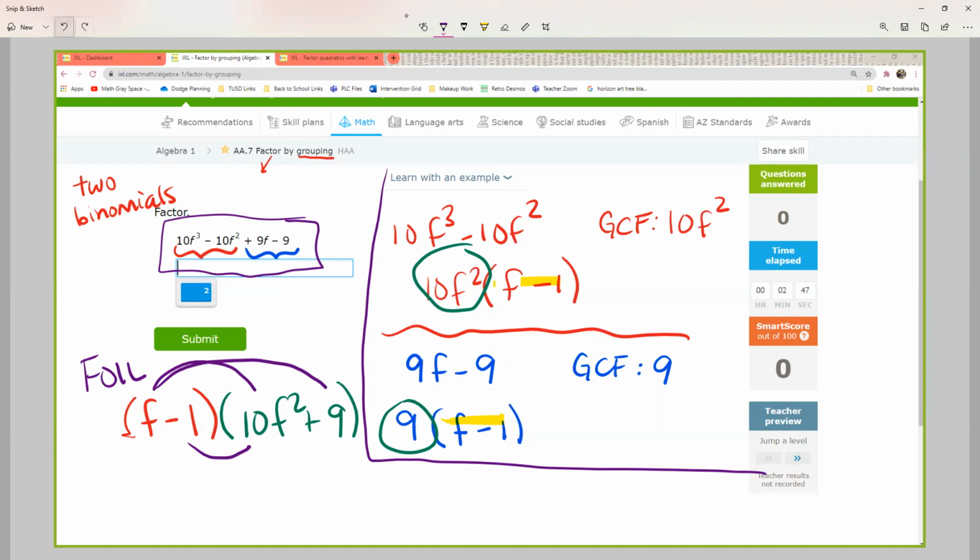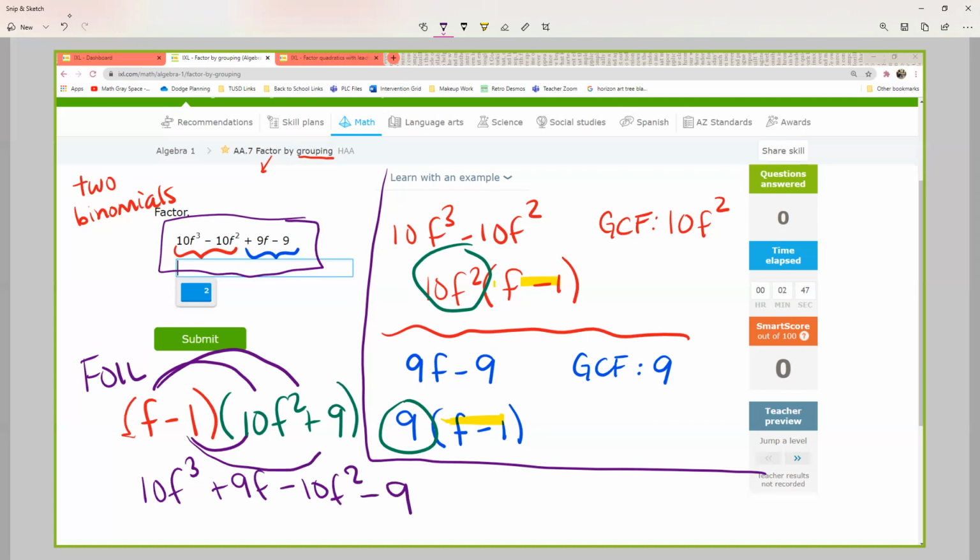Let's go line by line. So f times 10f squared is 10f to the third. And then f times 9 is 9f. Negative 1 times 10f squared is negative 10f squared. And negative 1 times 9 is negative 9.